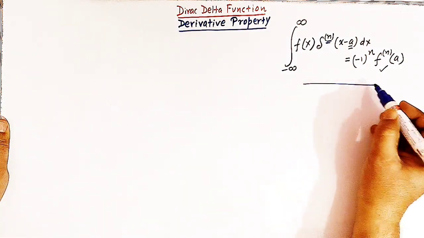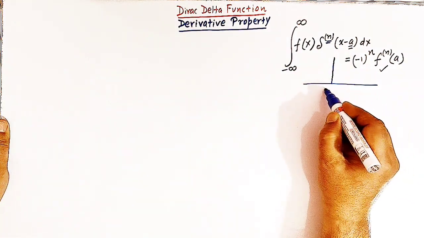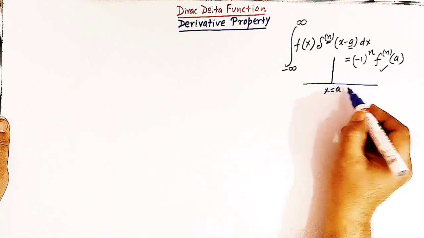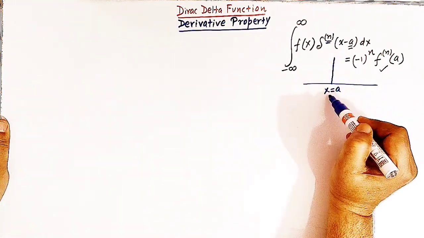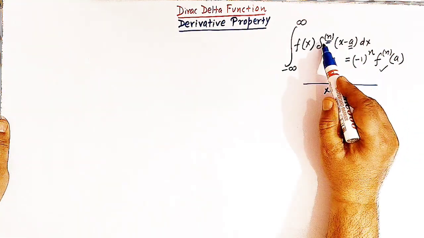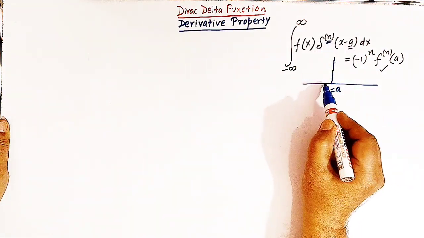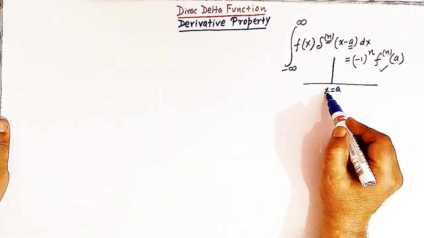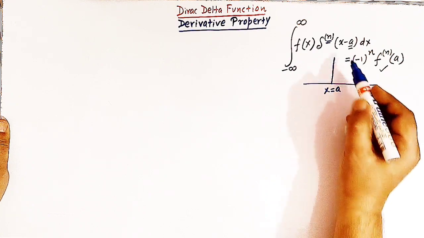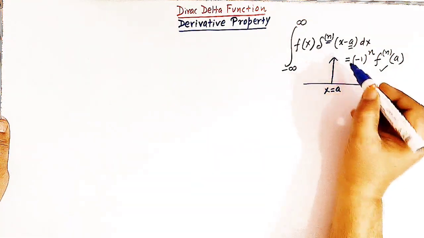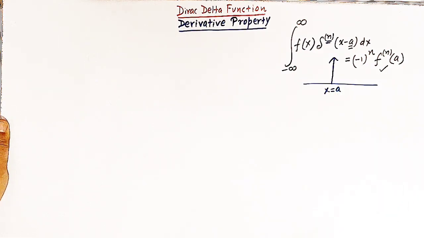And obviously we know that the delta function is not equal to 0 at this point, but the delta function is 0 at all other points except x is equal to a, right? So we'll get the peak at x is equal to a.